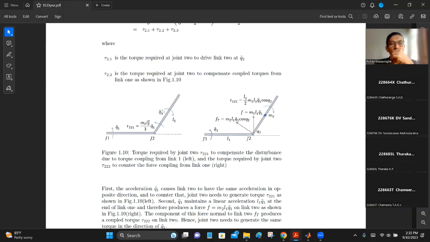So there is this clockwise motion happening on the second link. The moment you try to move it forward, it tries to move the other way around. You have to stop that.